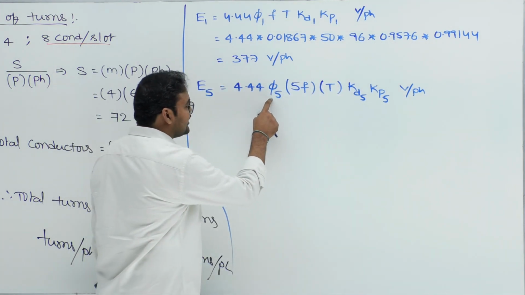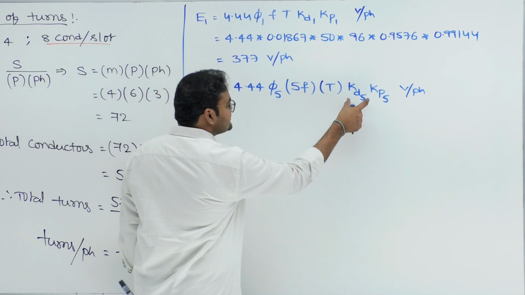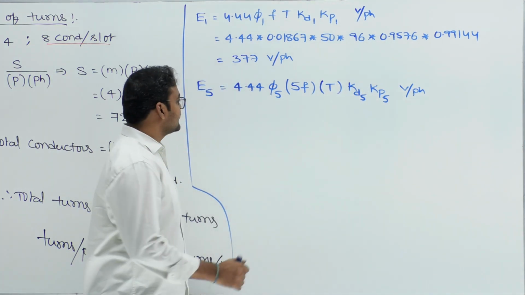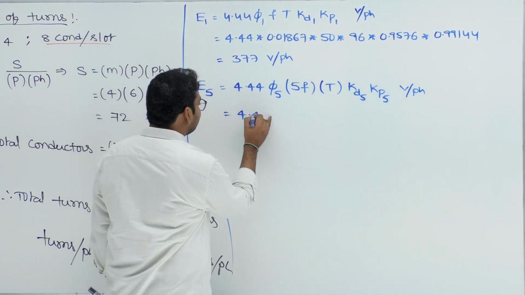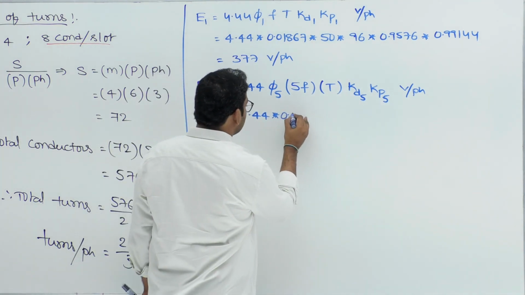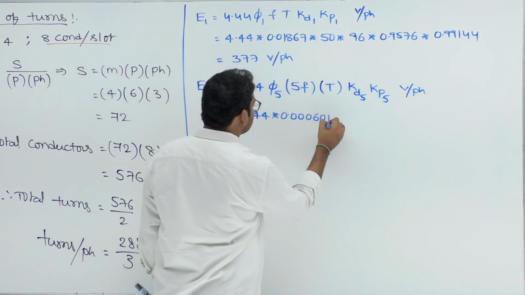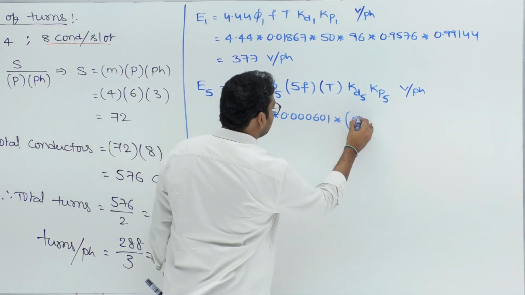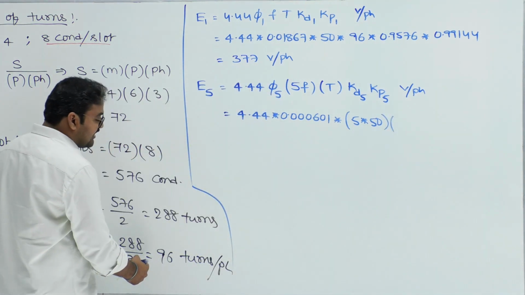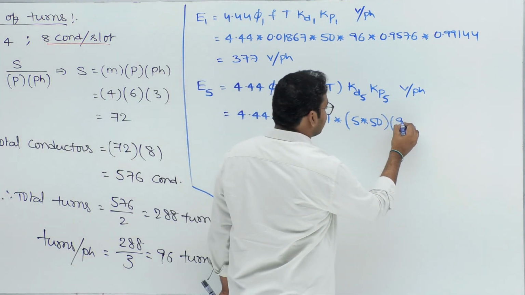So 4.44 into what is the fifth harmonic flux we got? 0.000601 into 5 times 50 Hz. Number of turns per phase is 96.